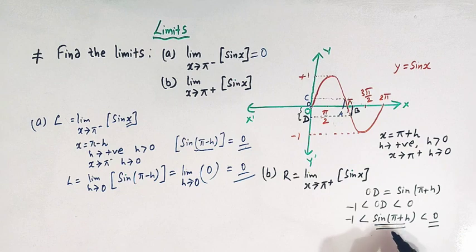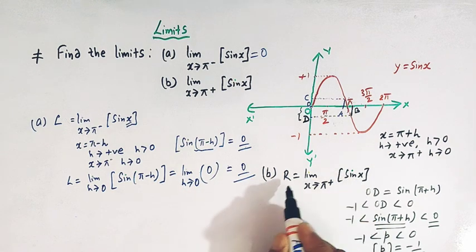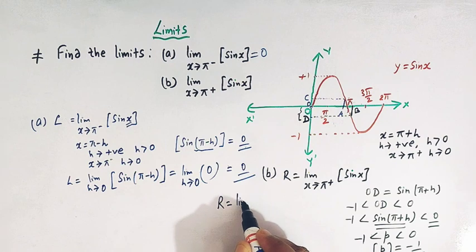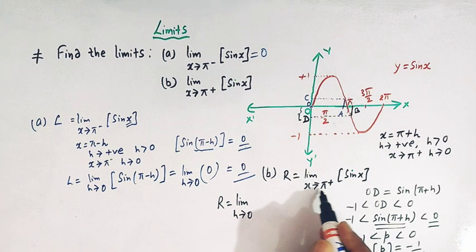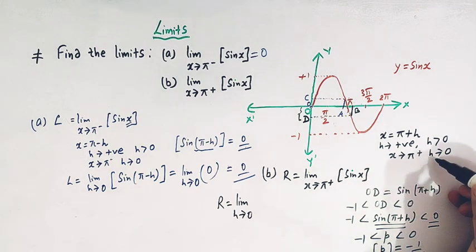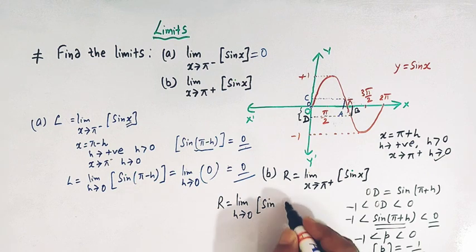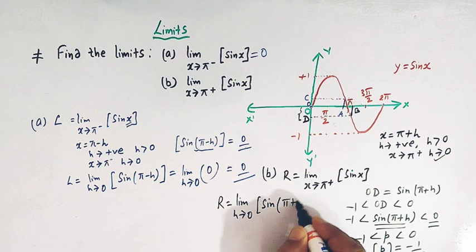So we know that if any quantity p lies between minus 1 and 0, then the greatest integer of p must be equal to minus 1, right? So now this limit r can be written in terms of h, that is the limit as h tends to 0, because when x tends to pi plus, h tends to 0, of the greatest integer of sine(pi plus h).